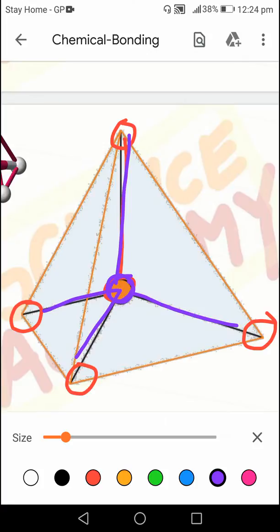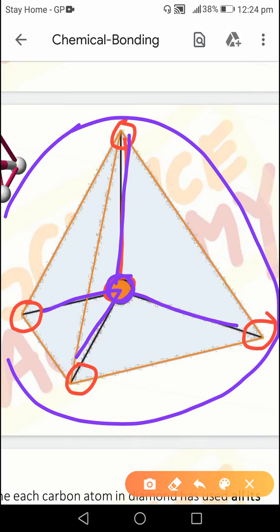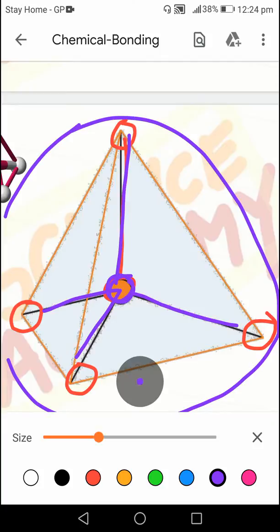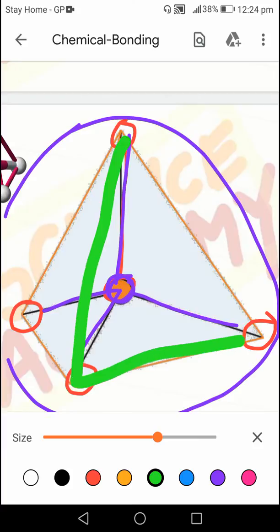Now this whole structure, how many faces has it got? Just try to count. Let me tell you. So this is one face, this is face number 1.